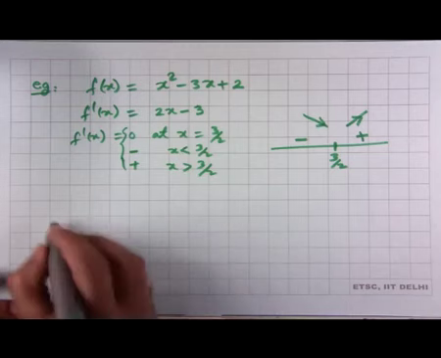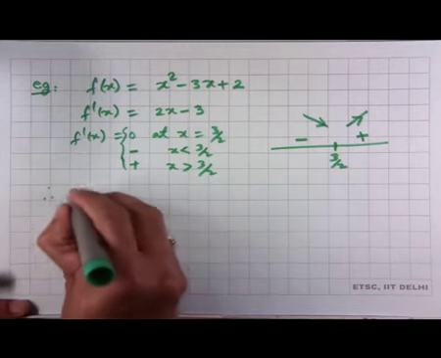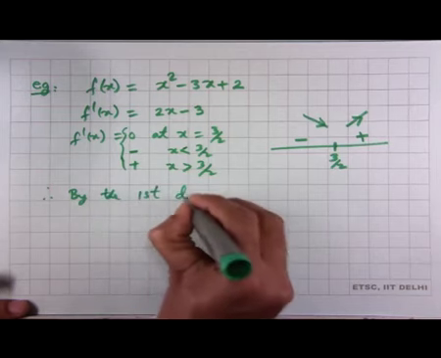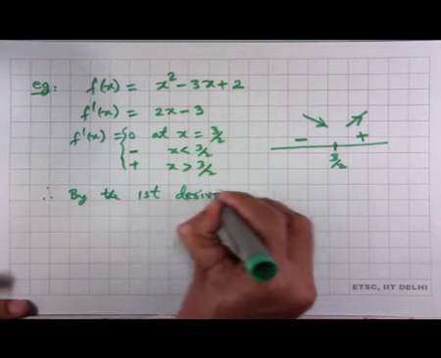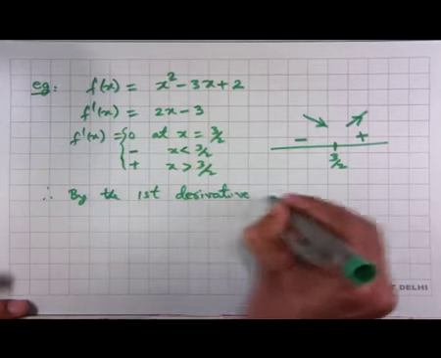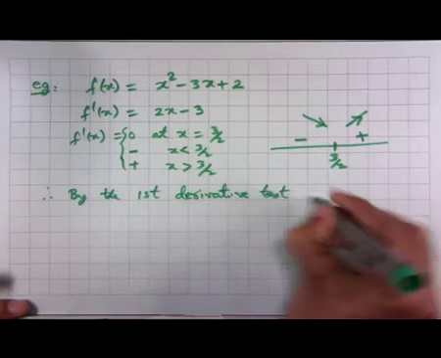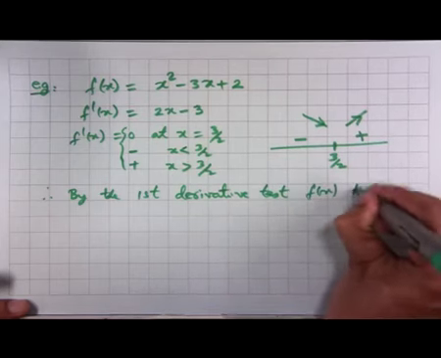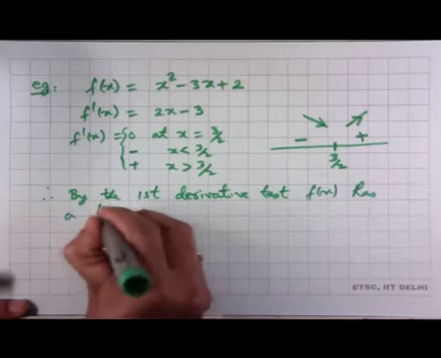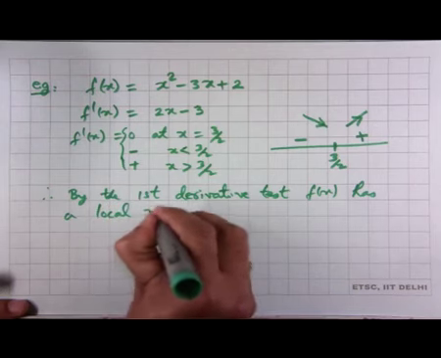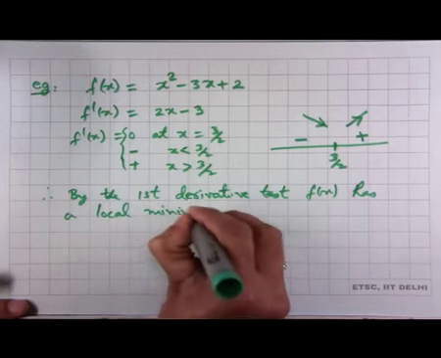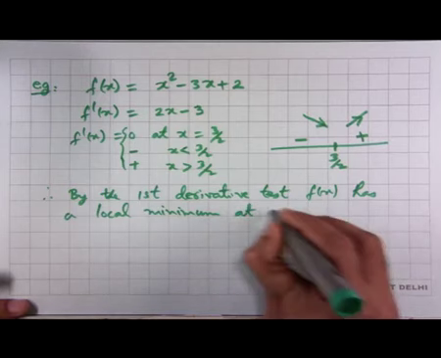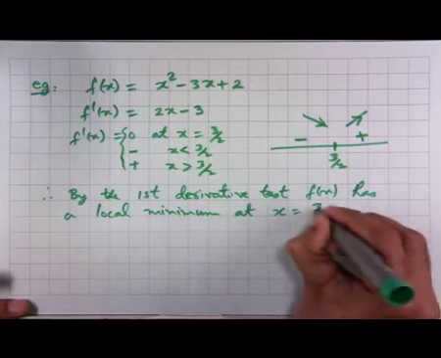Therefore, by the first derivative test, f x has a local minimum at x equal to 3 by 2.